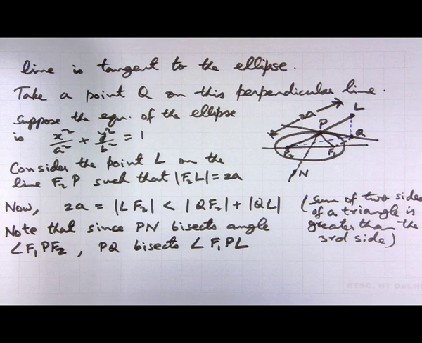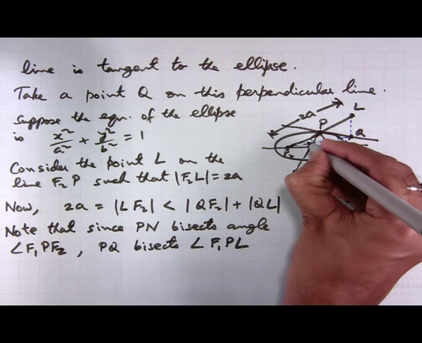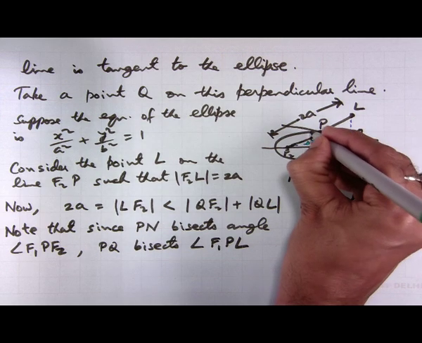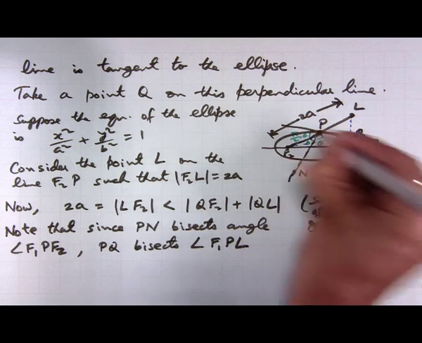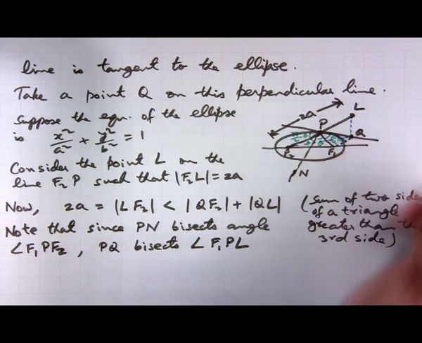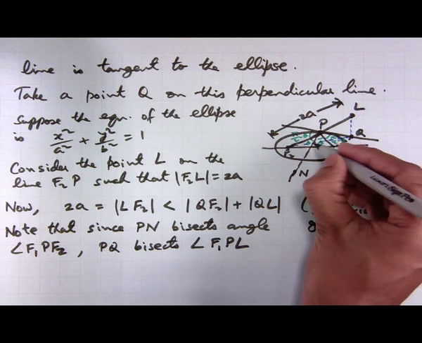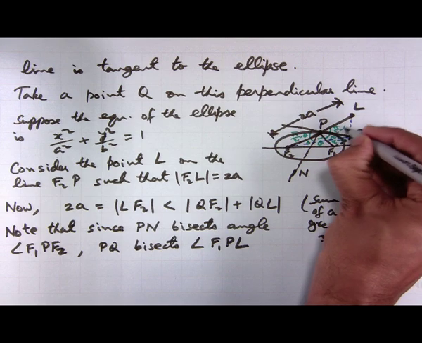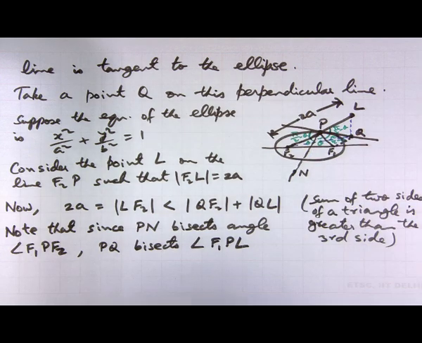If you want to see this, if this angle is theta and this angle is also theta, then this angle is pi by 2 minus theta, this is also pi by 2 minus theta, and therefore this angle is again pi by 2 minus theta. So, these two angles are equal.